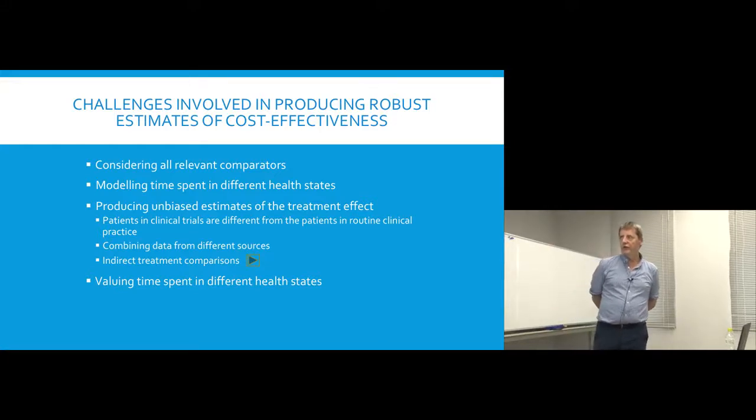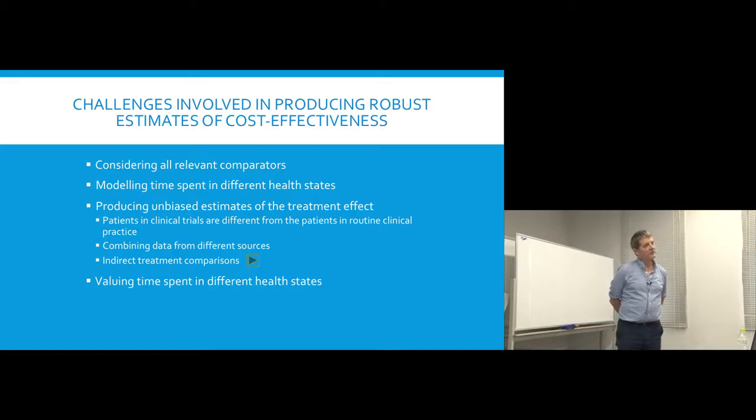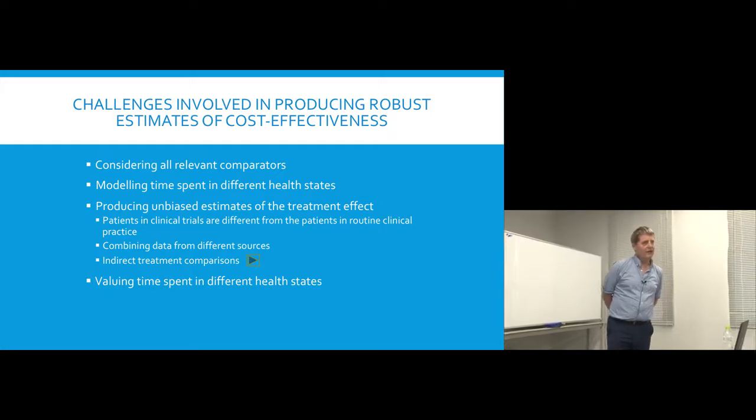The third issue on this list concerns producing estimates, but in particular unbiased estimates, of the treatment effect, of how well the intervention works. Now, there's lots of challenges here.